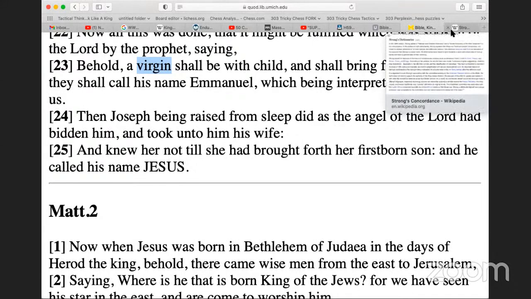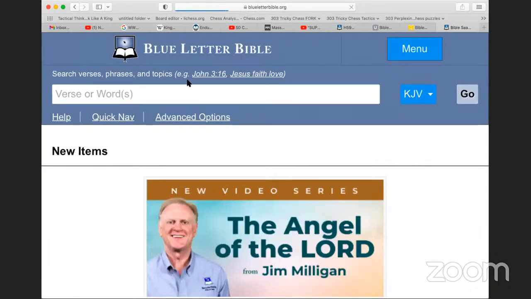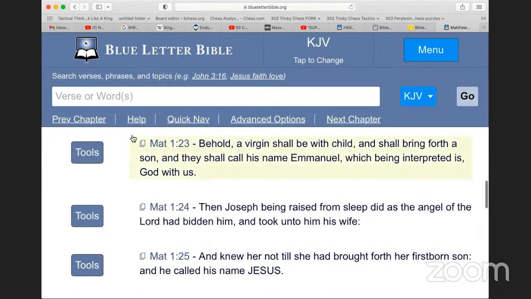So I think we're done with Strong's. Not the Blue Letter, but we're done with the Wikipedia article. So if we look at parthenos, what is it? Okay, let's just get to it then.